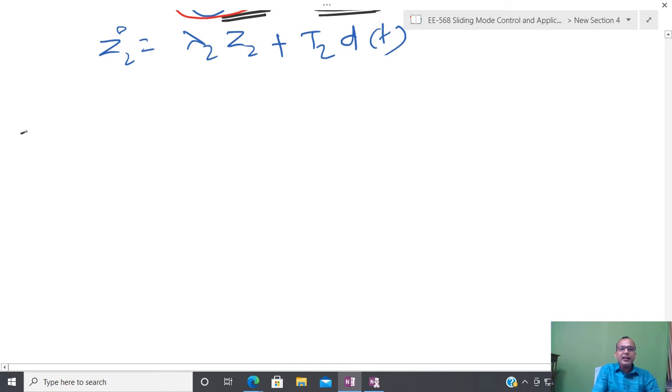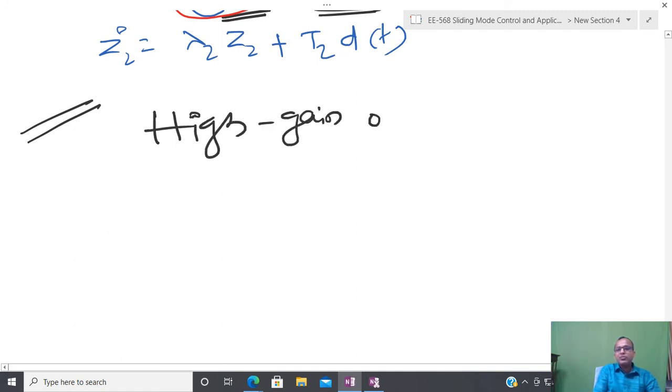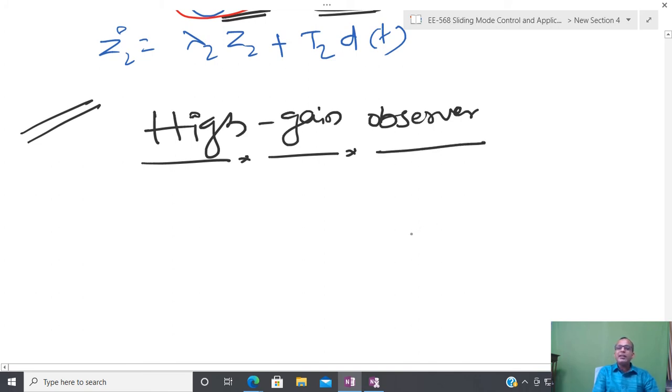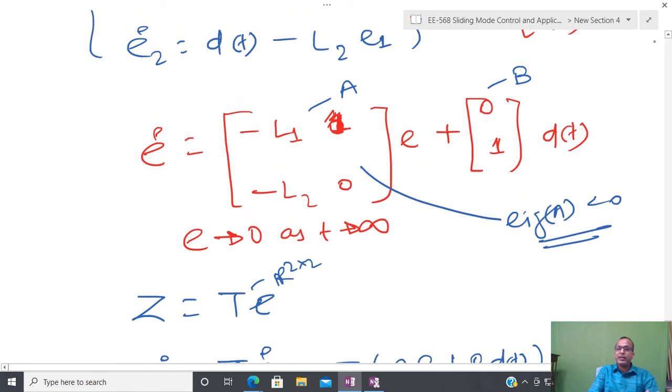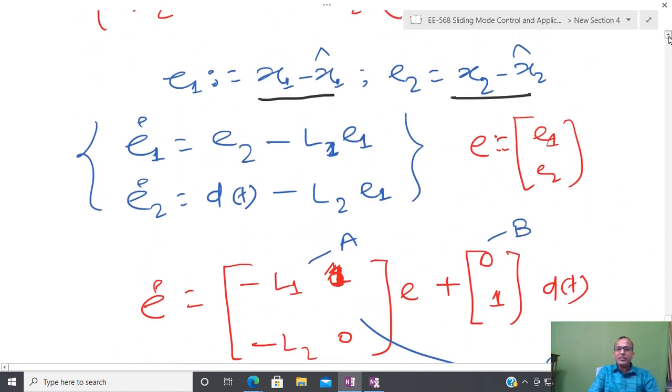Another idea is called the high gain observer, because we have already seen that whenever a simple proportional controller will not work, a high gain controller works completely fine. One more important thing: since the observer always runs inside the computer, what is the observer dynamics?